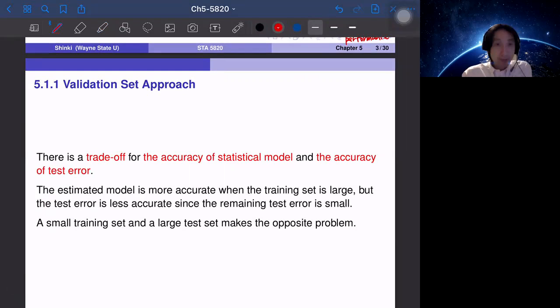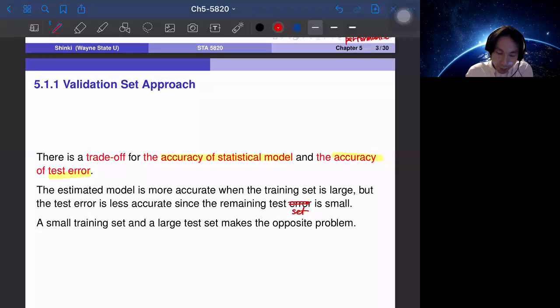But the most fundamental weakness in a validation set approach is the trade-off between the accuracy of the statistical model and the accuracy of the test error. The estimated model is more accurate when the training set is large, but the test error is less accurate since the remaining test set is small.